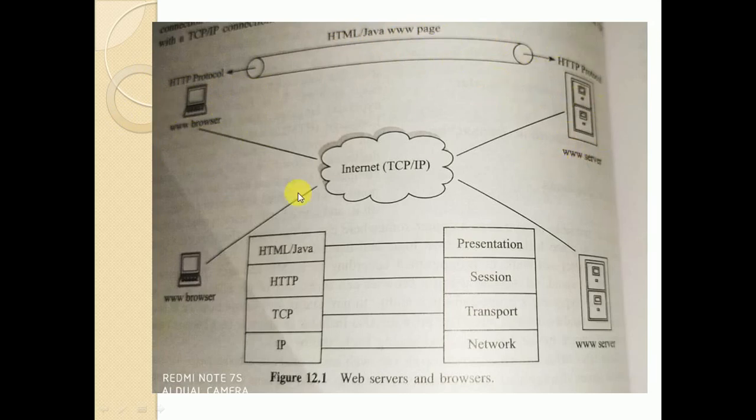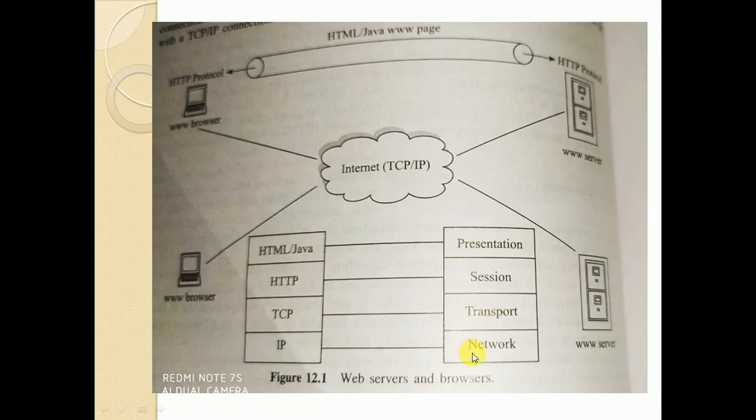How are they connected? Through the internet. And here the TCP/IP protocol is used to transfer or download the information to the web browsers. Here you can see the web server and browsers. Here the HTTP web page is there, where the presentation layer is. HTTP supports the session, TCP/IP supports the transport layer, and IP, Internet Protocol, gives the network.